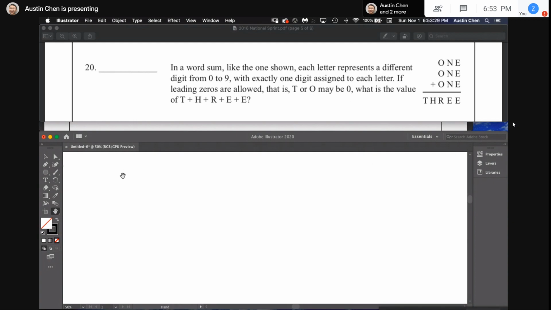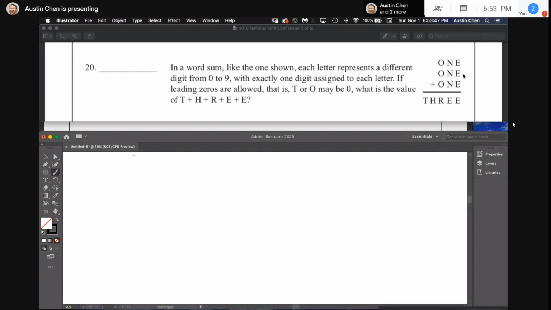So each of these letters is assigned a different digit. It says each letter represents a different digit, so we can't have T and H both being one or something. Okay, so we should look at our first column of addition.